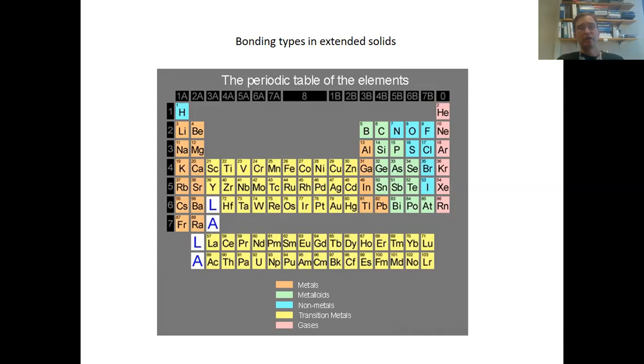All right, now when we look at the elements, then many of the elements are solids, so most of them are actually solids. So all the metals, with the exception of mercury and cesium and perhaps also gallium. So gallium is a borderline case. They are solids. Okay, so then we have the metalloids.